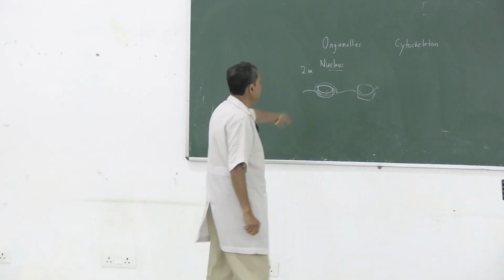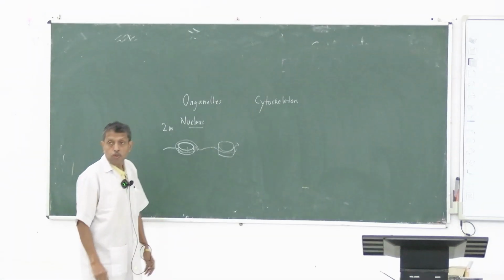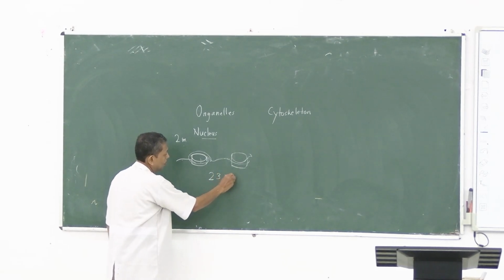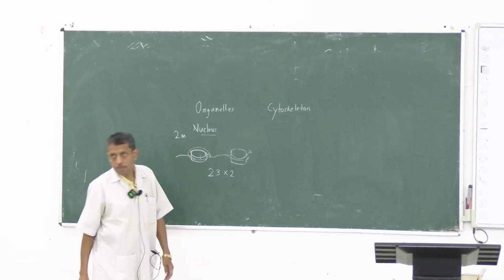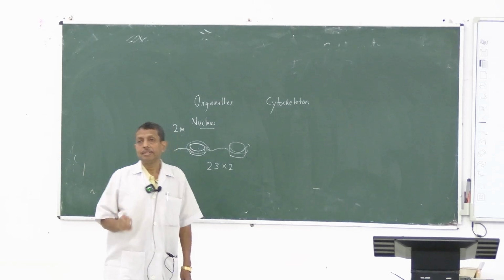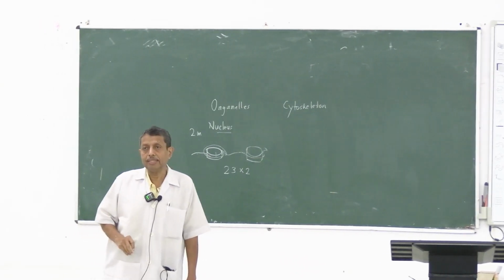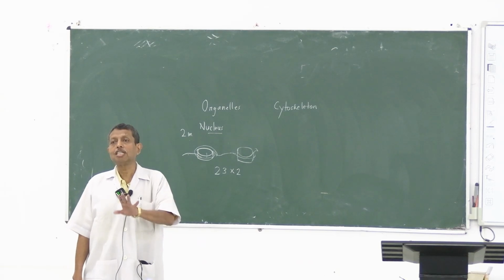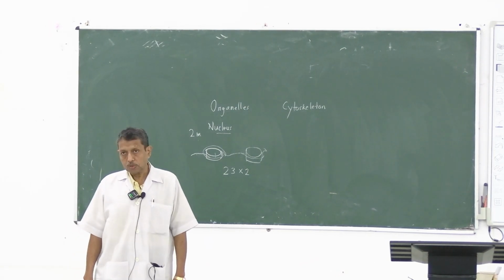Now, in this type, they are disposed in 23 pairs. One comes from the father and another comes from the mother. In this way, in resting somatic cells, there are 46 chromosomes.